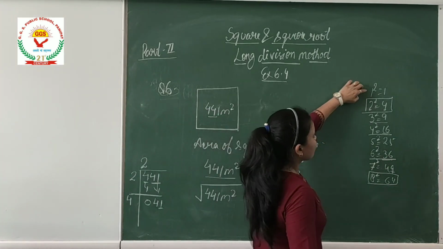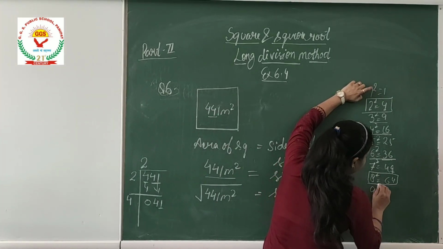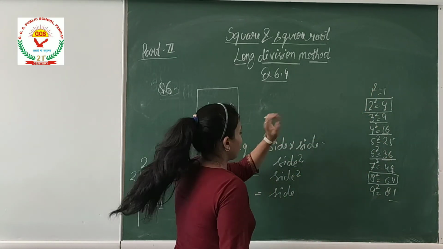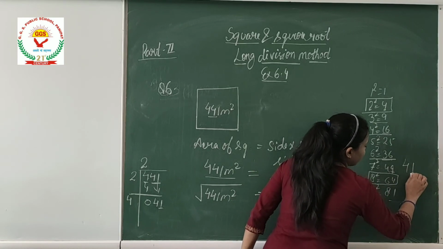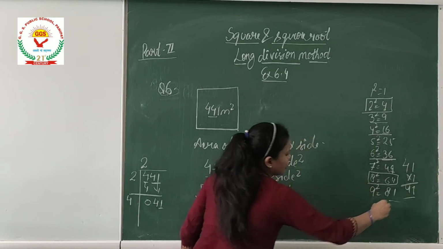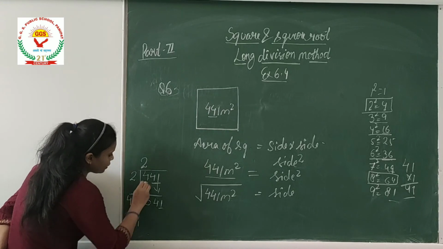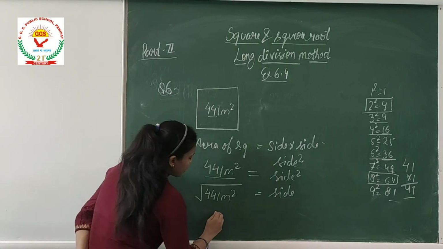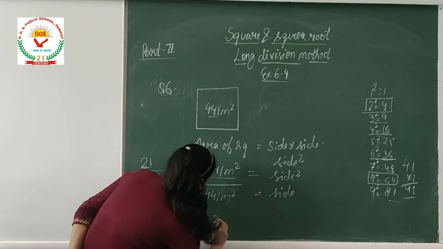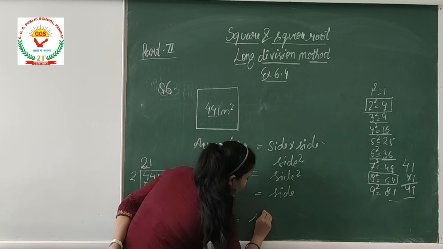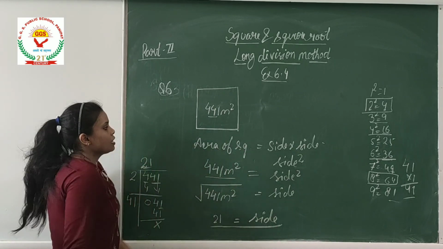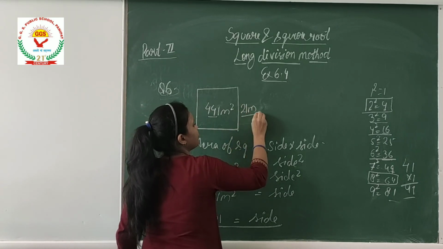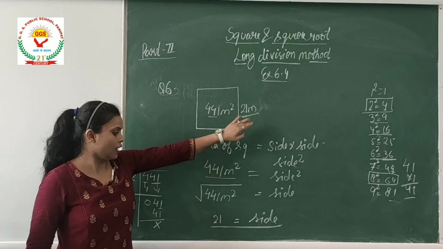So we have 1 for 1 square and 9 for 81. First we will try 1. 41 multiplied by 1 is 41. That is the answer, right? So we will write 1, 1 and 41. So we get the answer: 21 is the side. So this square has a side of 21 meters. Alright, this is our answer.